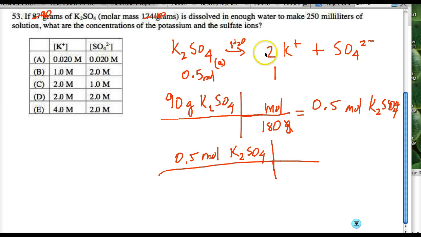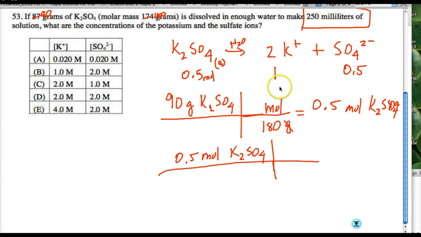If this is 1 and this is 1, what is this? A 0.5. Well, you know they've got to go in at this 2-to-1 ratio, and they're going in 250 milliliters of solution.